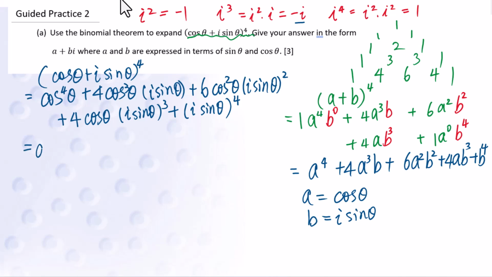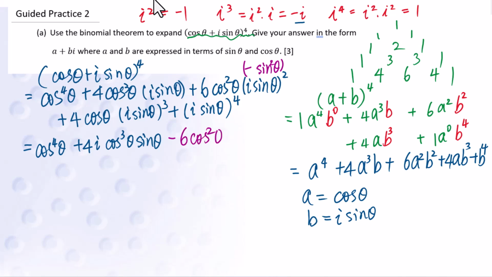Organize: cosine fourth power of theta plus 4i cosine cubed theta sine theta. i squared is -1, so minus 6 cosine squared theta sine squared theta. i cubed means -i sine cubed theta.